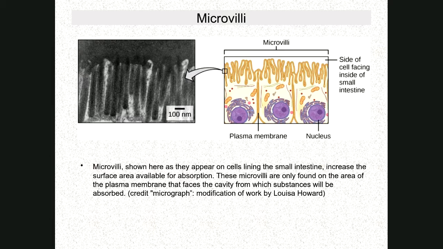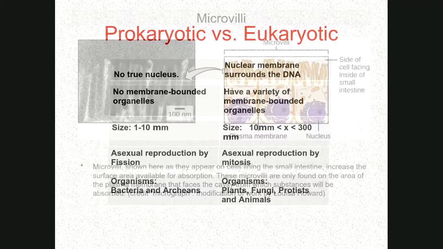All the cells of any living organism are made of three things: plasma membrane, DNA, ribosomes. Eukaryotic versus prokaryotic: the DNA exists inside of the nucleus in eukaryotic cells. Prokaryotic cells have no nucleus. So this is the biggest difference between prokaryotic and eukaryotic.